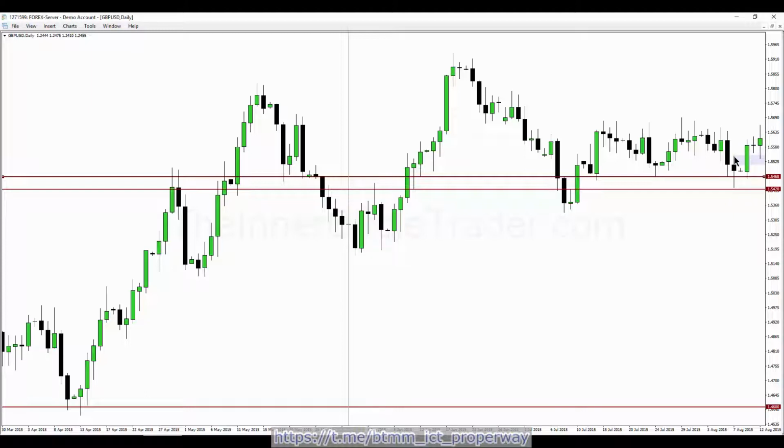Right there. And the high comes in at 155.46. So on this day here, we trade down into it on the 12th of August 2015. Trade right down into the body of that down candle, which is a bullish order block. Now that's bullish on a daily. So let's take a look at an hourly chart at that same time on August 12th.